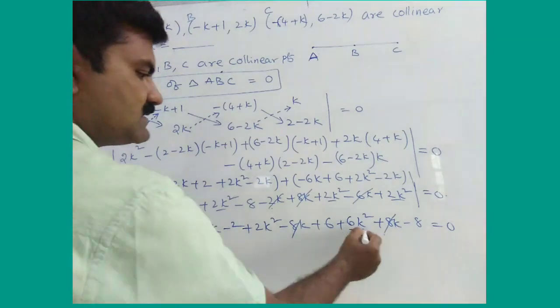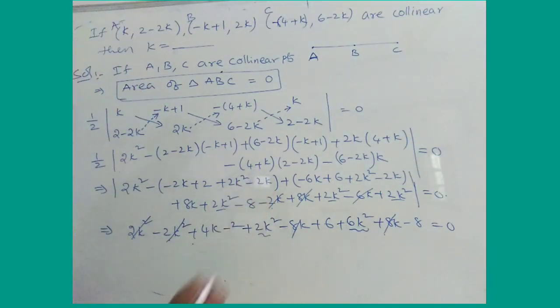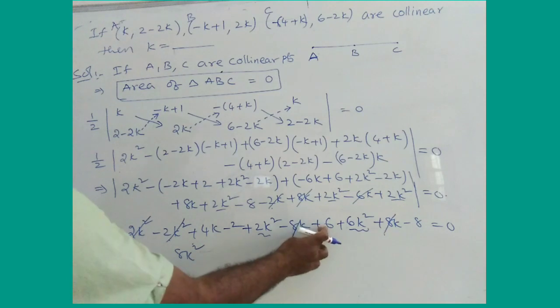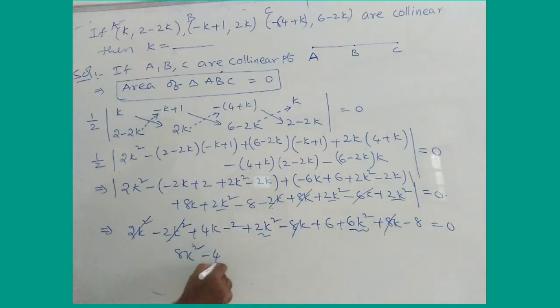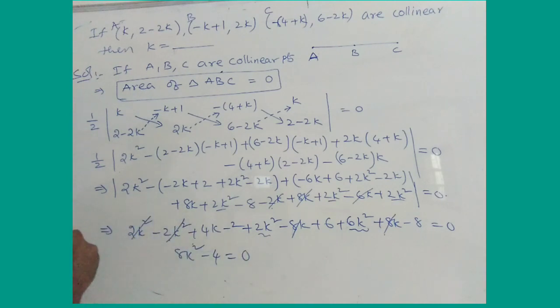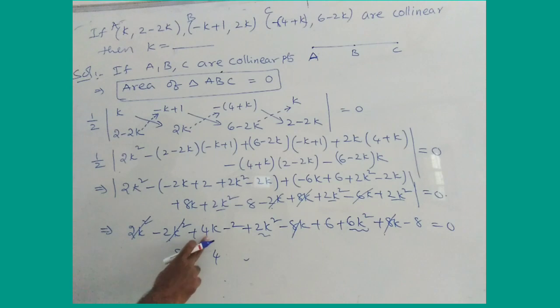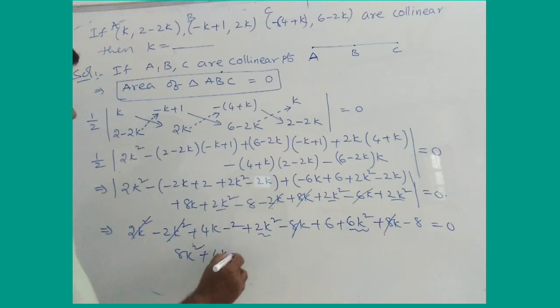Now coming here, 6k square plus 2k square is 8k square. And regarding this, 6 minus 10, I think minus 4 equals 0. Still we have the plus 4k term, plus 4k, and now minus 4 equals 0.